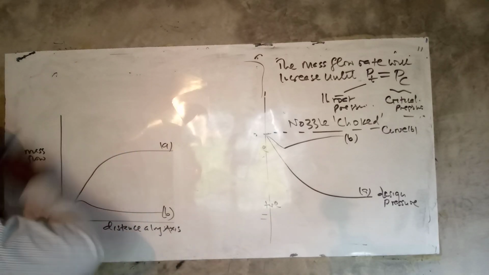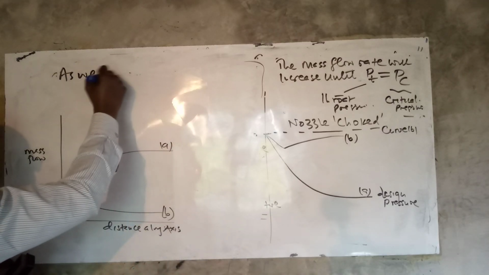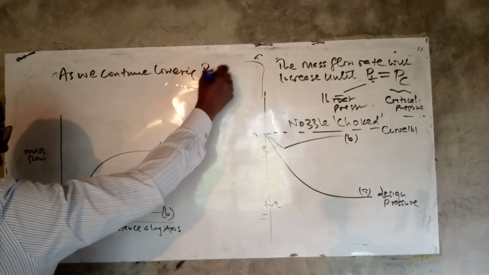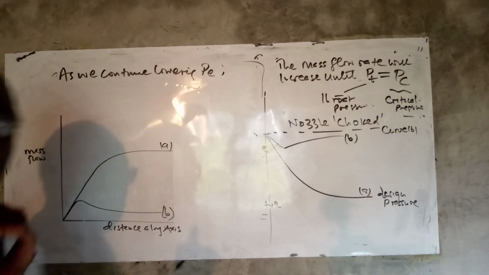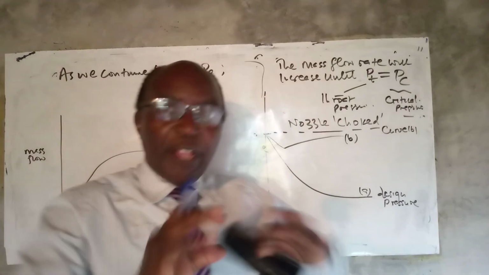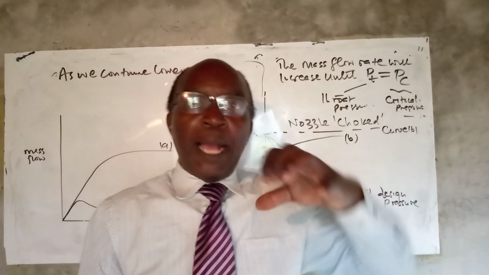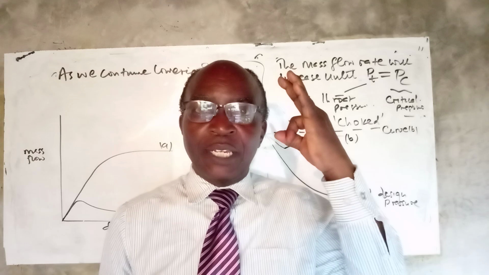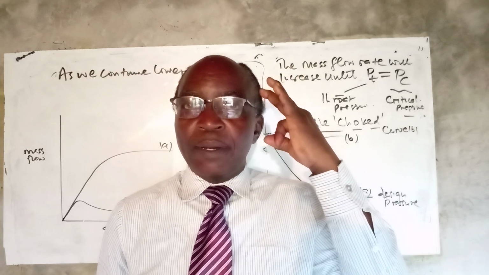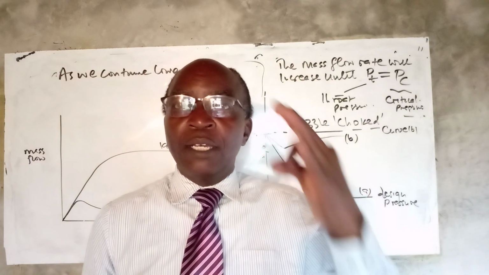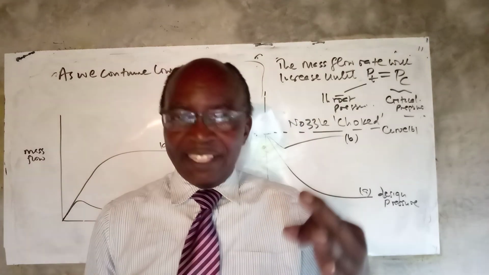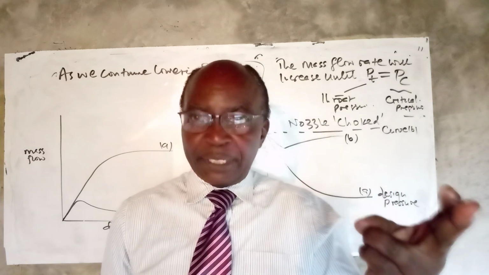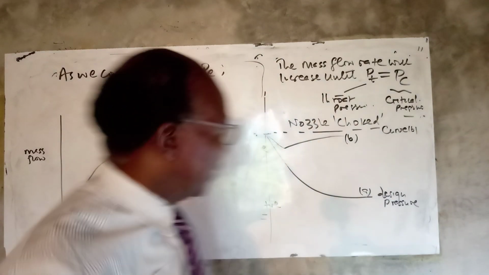As we continue lowering PE, the issue here will be that in the flow in this duct, it will become a challenge to have those three fundamental equations acceptable or solved simultaneously. Those three equations dealing with constancy in energy, constancy in mass, and entropy.